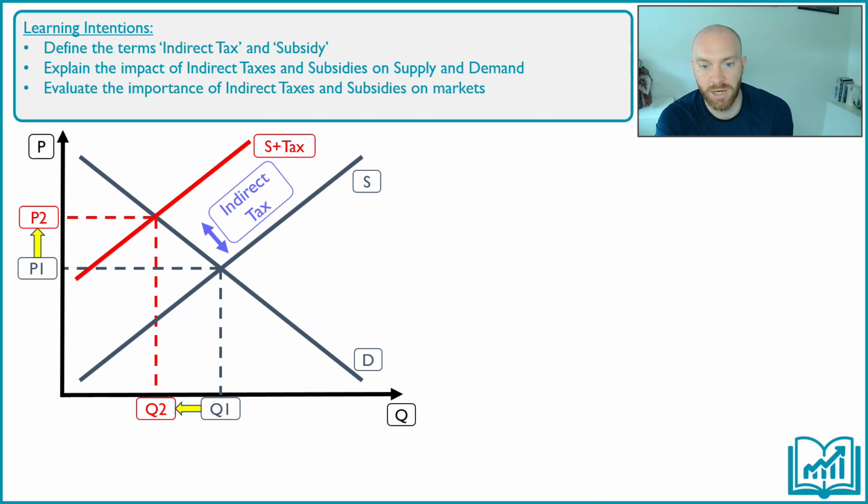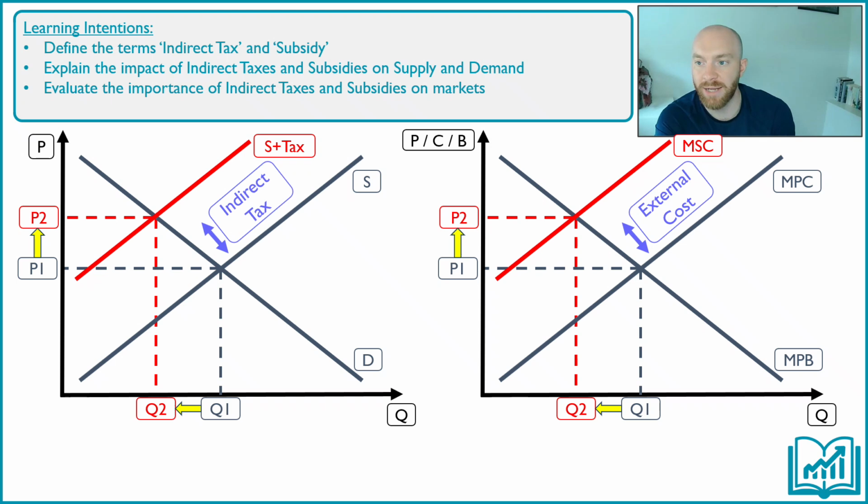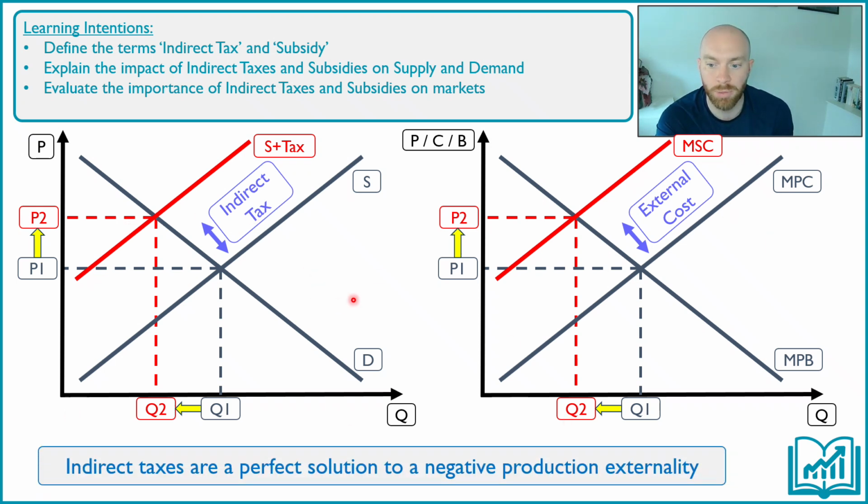If we take the diagram and we compare it to a diagram we looked at in the past, which is the negative production externality diagram, you can see they are exactly the same thing. So if you have a good or service that is causing a negative production externality, then an indirect tax is a perfect solution to that if you're looking for a method of government intervention to fix it.